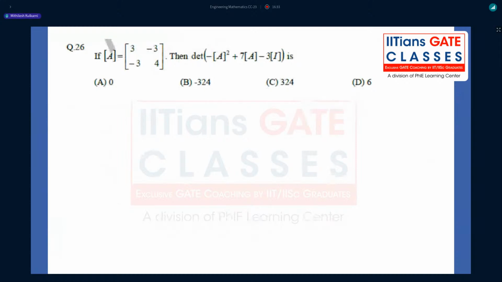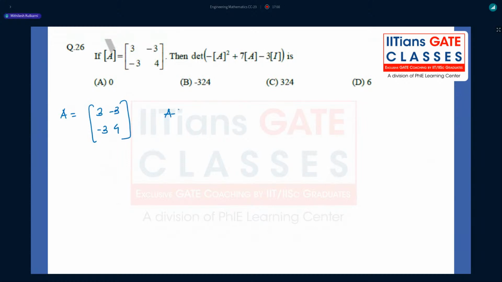Whenever we are creating an equation in the form of a matrix A, we should first check whether that equation is the same as the characteristic equation or similar to that. So let's try to create the characteristic equation of this matrix. Matrix A is 3, minus 3, minus 3 and 4.